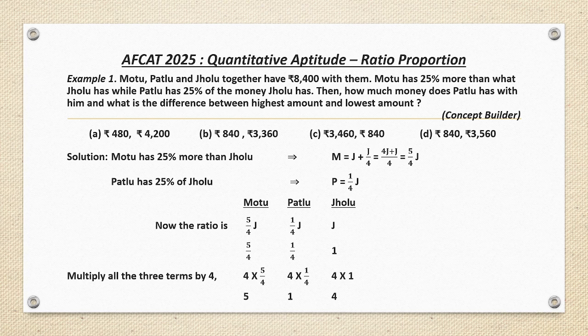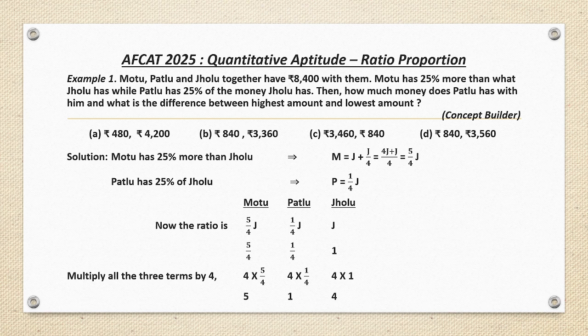So M equal to J plus J by 4, it will be 5 by 4 J. So this is the first equation, M equal to 5 by 4 J. Then Patlu has 25% of Jolu. That means P equal to 1 by 4 of J.